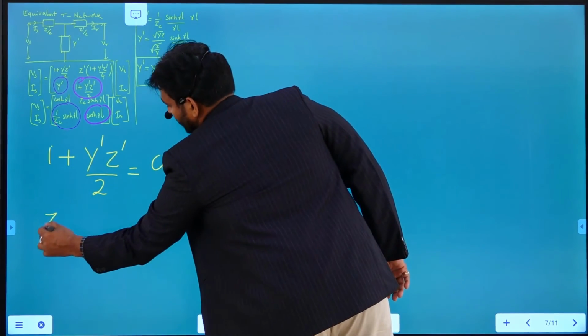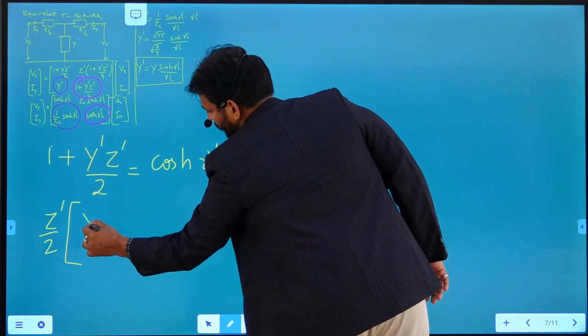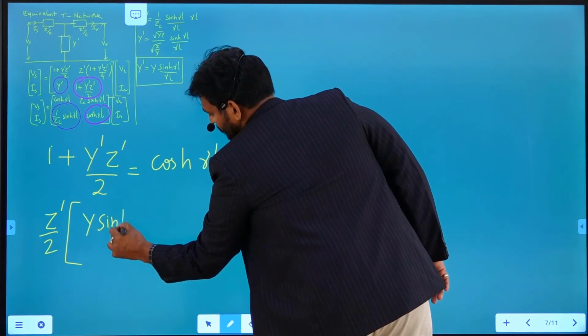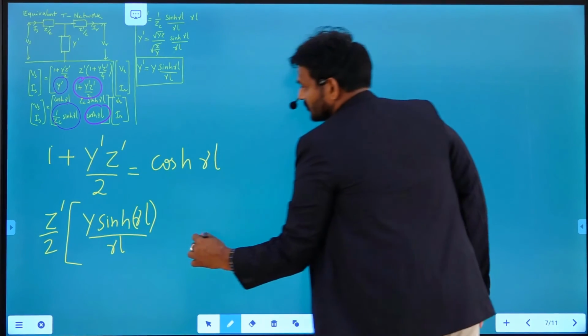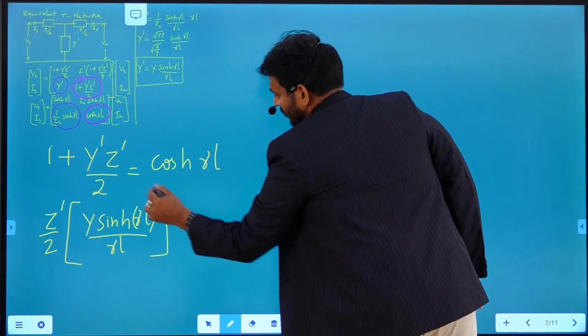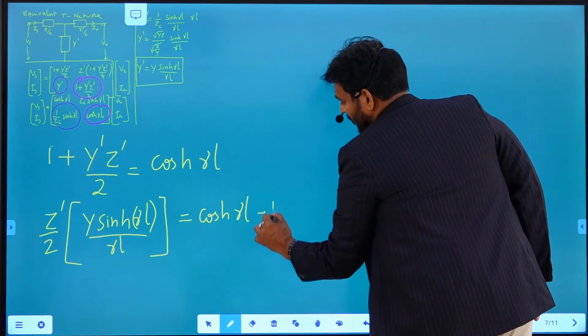You will get Z dash by 2 into, what is Y dash? Y into sinh of gamma L upon gamma L is equal to cosh of gamma L minus 1.